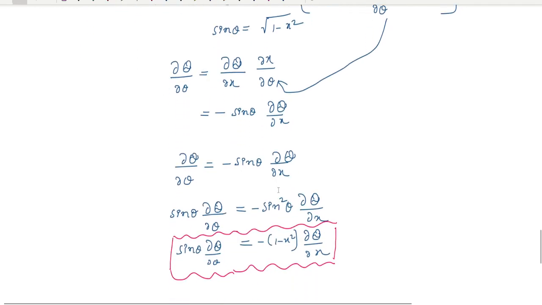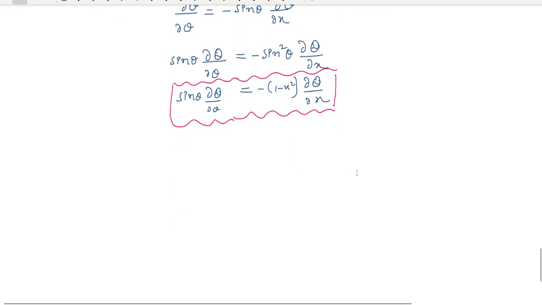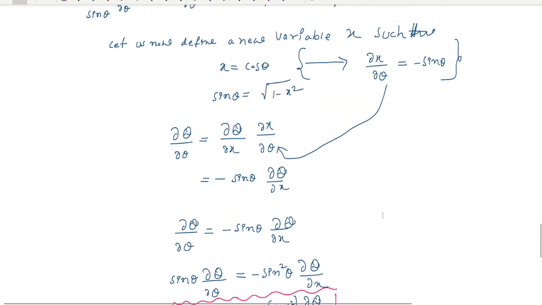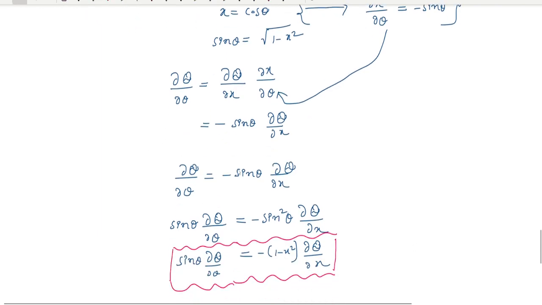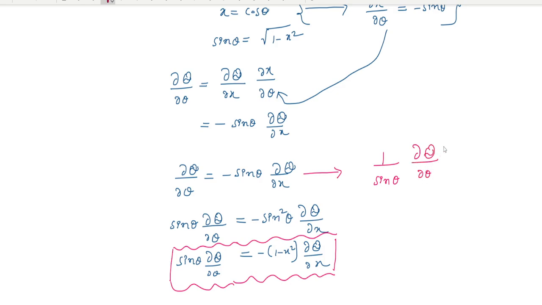So from this information, we got 1 divided by sin theta dou by dou theta equal to minus, sin theta gets cancelled, dou by dou x.